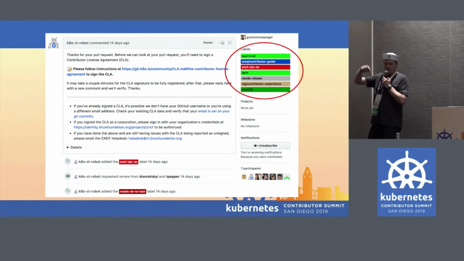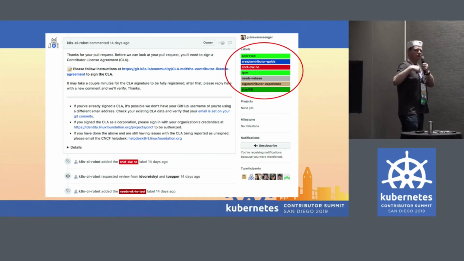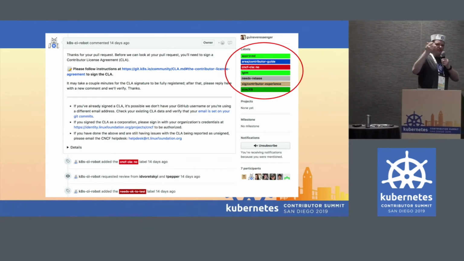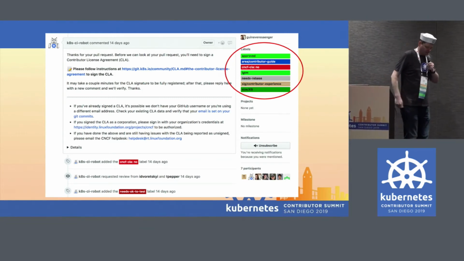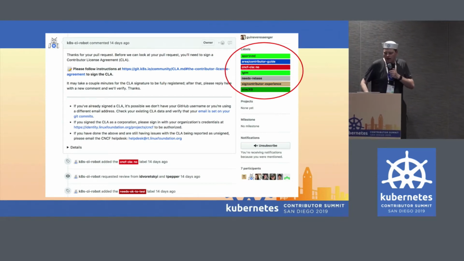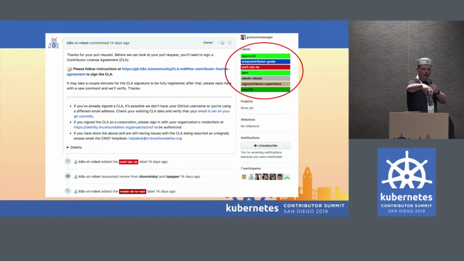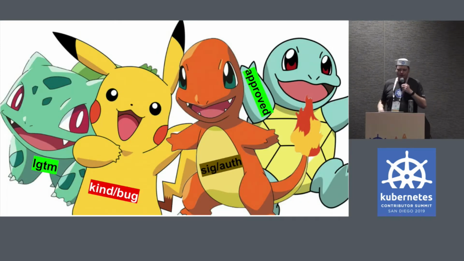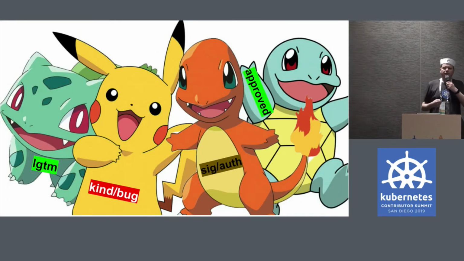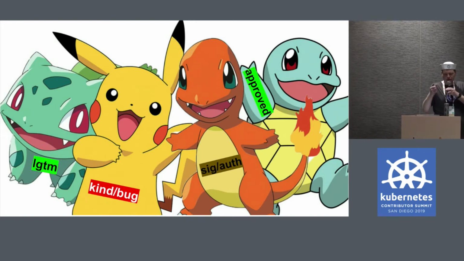If they're in the OWNERS file as an approver, K8s CI Bot actually runs, and that's what actually merges the PRs. So they're all friends of yours. You have to catch all the labels at some point.